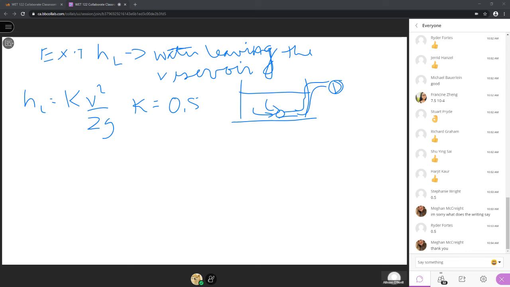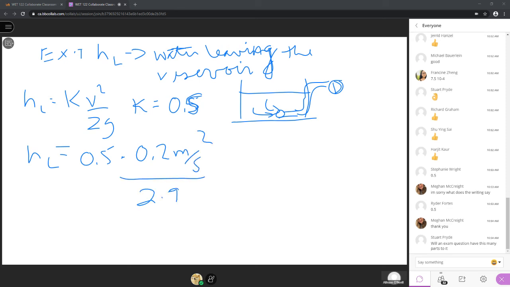According to the shape here, I think it's a square edged shape to our pipe, so we look that up. Again, our head loss is then just going to be 0.5 times our velocity, which I think everybody said was 0.2 meters per second, squared, divided by 2 times 9.81.